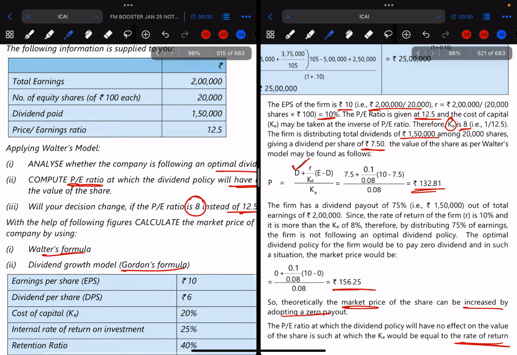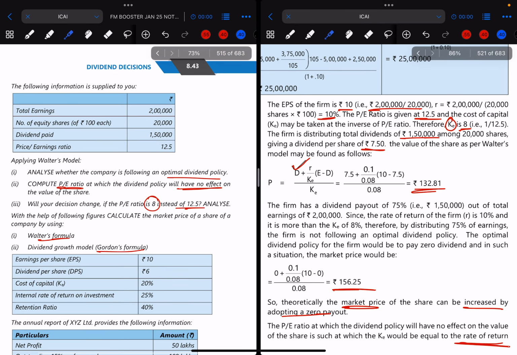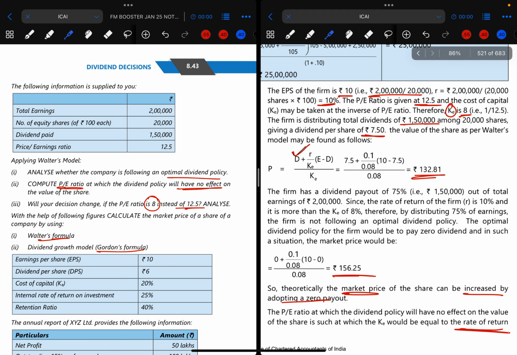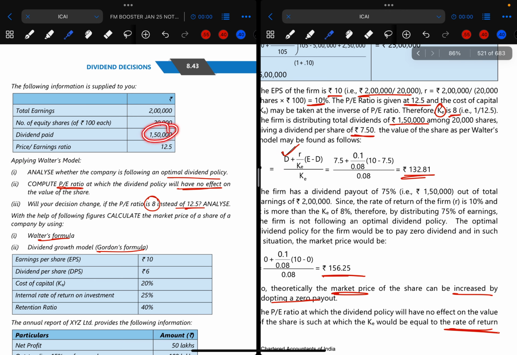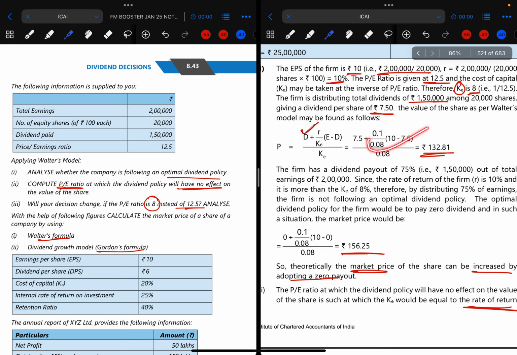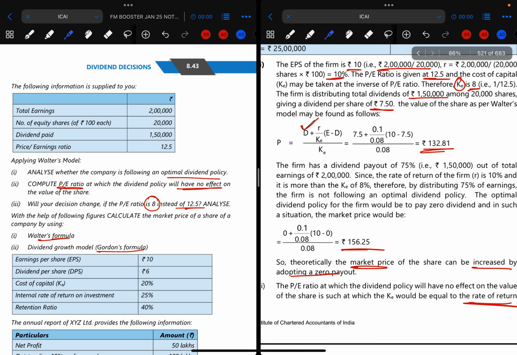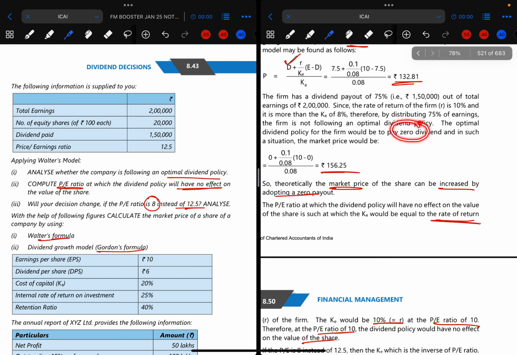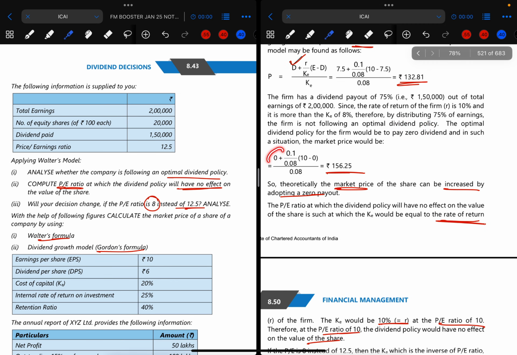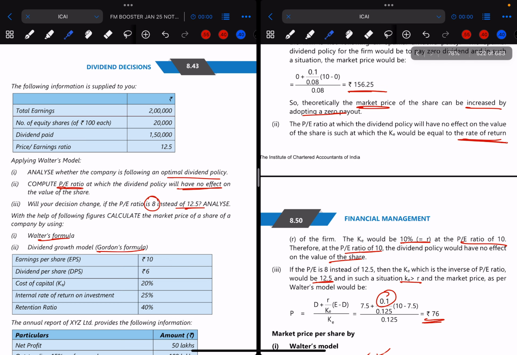And the second one is even the same thing, but here the only concept is that they have taken the P/E ratio. So according to Walter model, what is the optimum dividend payout? Whatever dividend they have told, just take it here, and if R is greater than K, just do it. So in this case, according to it, 0. So in that case, use 0 and find out the answer.